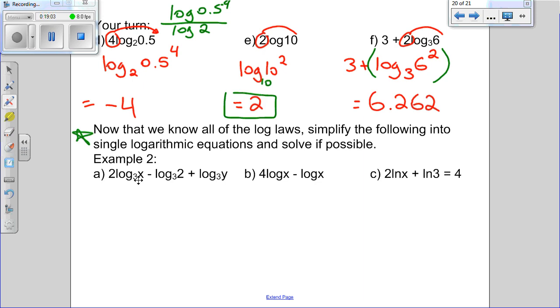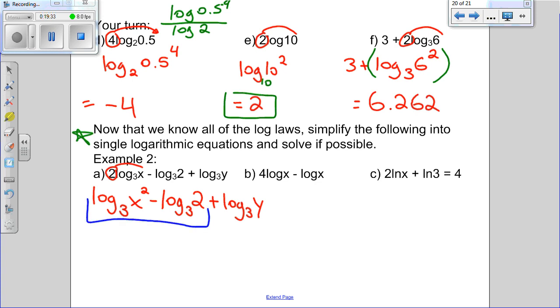So this one would now be log 3 of x squared, or just log 3 of 2 plus log 3 of 1. So I made the exponent first. Now that I've moved all my coefficients into exponents, I'm going to combine my first addition or subtraction. So it's going to be that one. I'm going to go log 3 of x squared divided by 2.